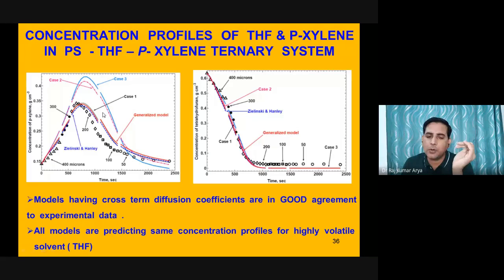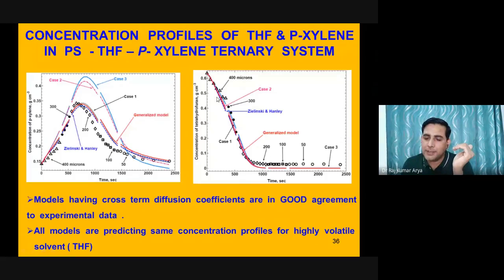So all the models are over predicting the data. Experimental values are lower than the model predictions. So something needs to be done in that case, or you need to do the simulation in 2 parts, part 1 and part 2. The same parameters will not serve the purpose for the entire course of the drying.